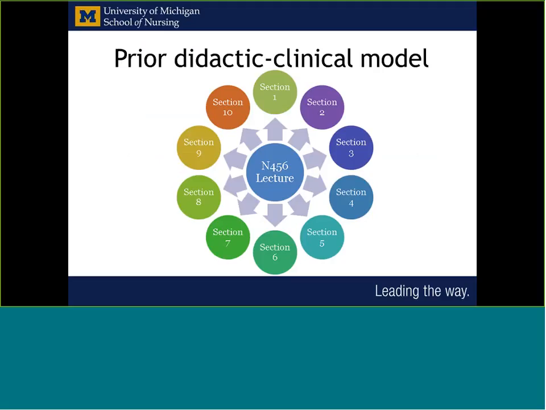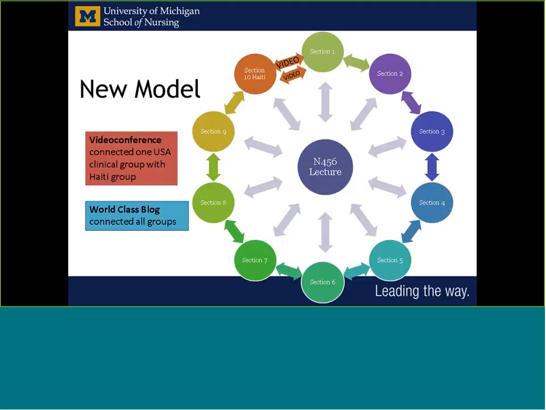We had a lecture that disseminated information out to the various sections, clinical instructors and their sections of 8 students. But with the blog, what we were able to do is include our video conference partner as one of our circles. You can see on the map, section 10.